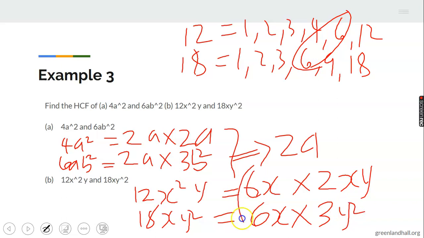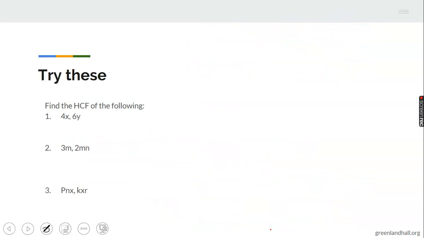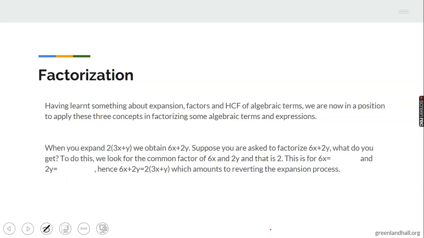So which one is common? 6x. So 6x is the HCF of 12x squared y and 18xy squared. So just try this. Find the HCF of those algebraic expressions. Now, the next thing we are looking at is factorization.